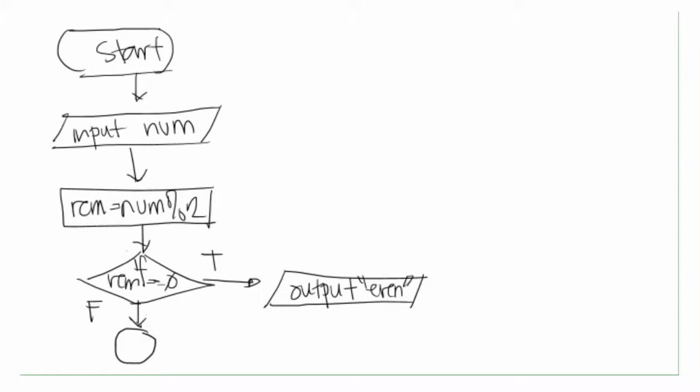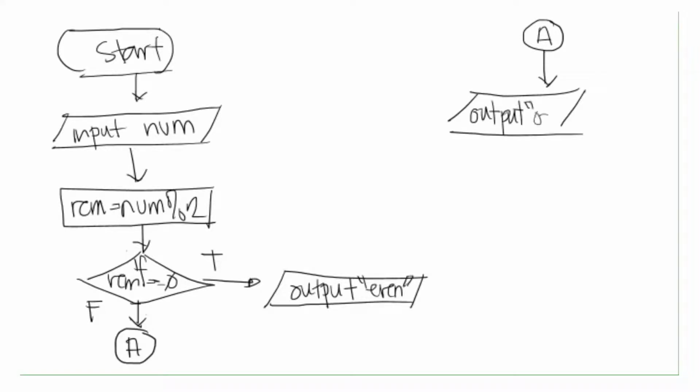So since this is on the same page, I'm going to make use of the on-page connector and put a label on it, A. Then I'm going to use the connector here, A, then direction flow lines, just to put the output here. So if that is false, output odd. Then after that, end.